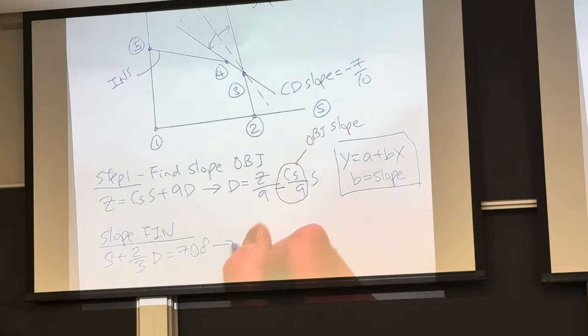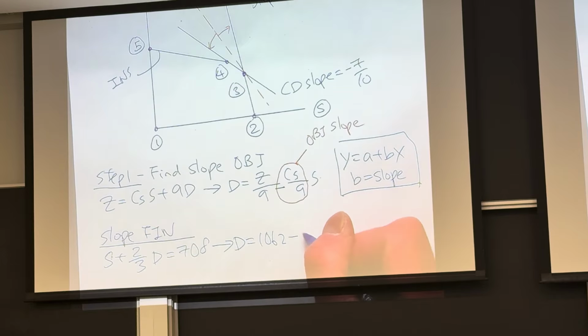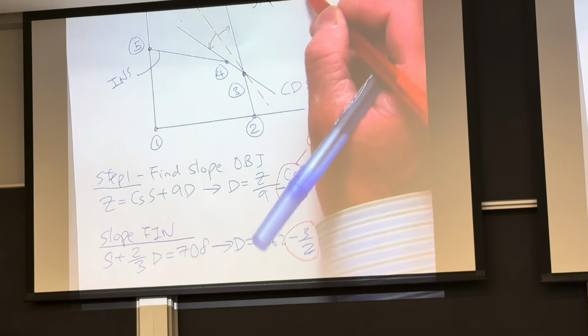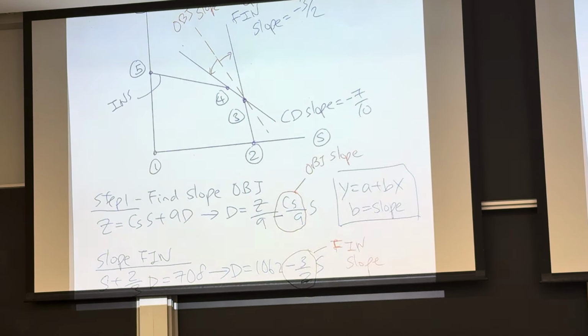Again, rewriting in terms of D, we get 1062 minus 3 over 2s, and so we can see that there's my finishing slope right there. And that's what we have over here on the graph.